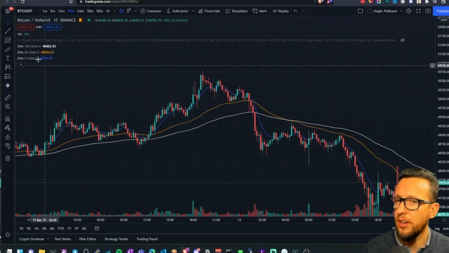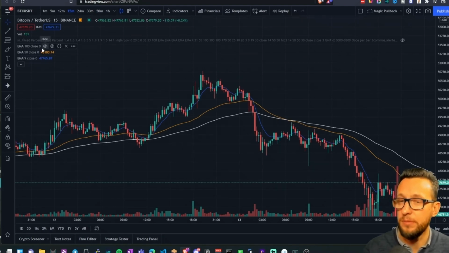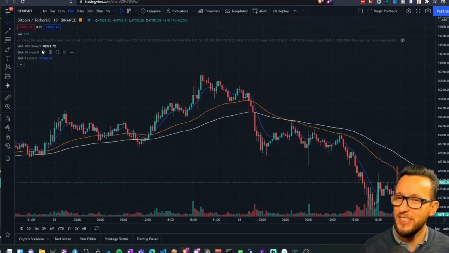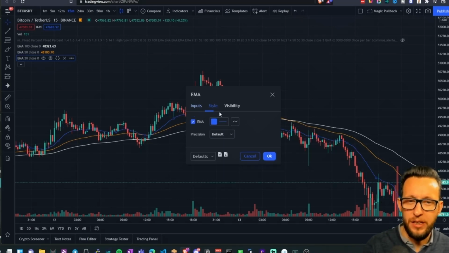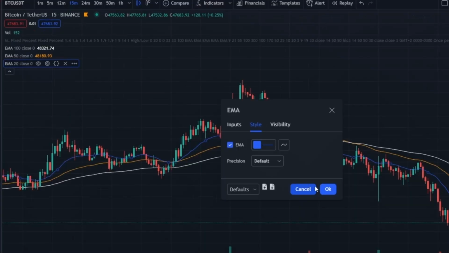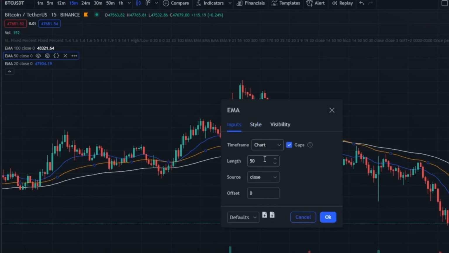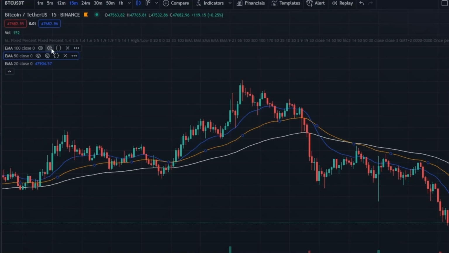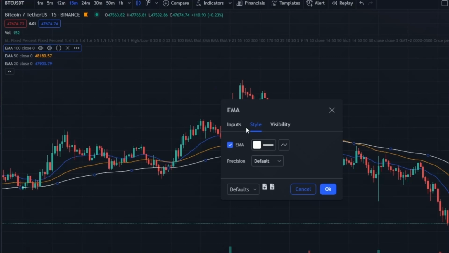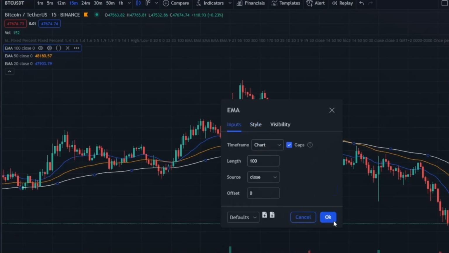Okay, now that's given us our 3 exponential moving averages, and what we're going to do is set our first one to 20. The color is going to be blue. The second one will have its length set to 50. To set the 50 you just have to click on this cog here, go over to input and set the length to 50, and then change the color to orange. The third one will be our trend direction, so we're going to be using white and it's going to be 100.